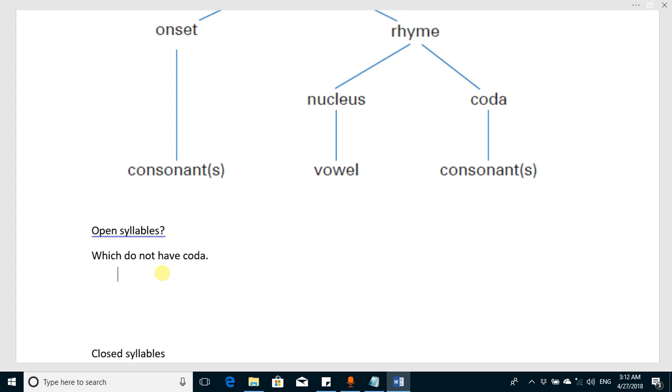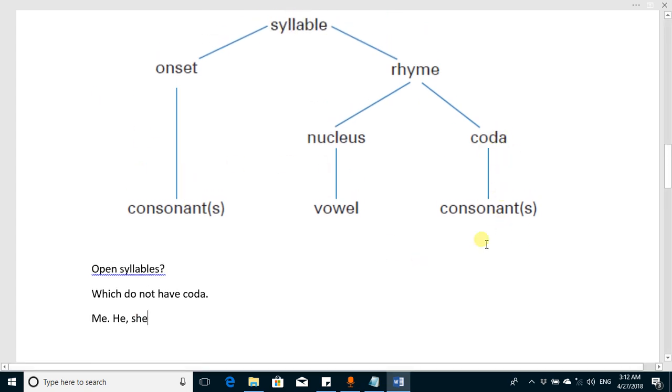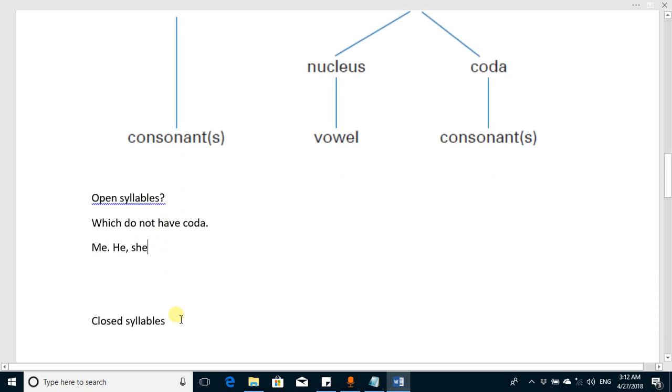Like you can say the word me has the onset, the starting consonant, but it doesn't have any coda. Similarly, you can say he or she, all these words do not have the ending consonant. So these are open syllables.